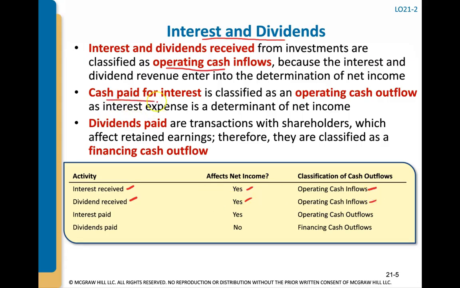If we pay cash for interest, right, whether it be on a loan that we have or a bond that we have issued, think about the entry that you would record when we pay cash for interest. You would debit interest expense and credit cash, right, for whatever amount it is.